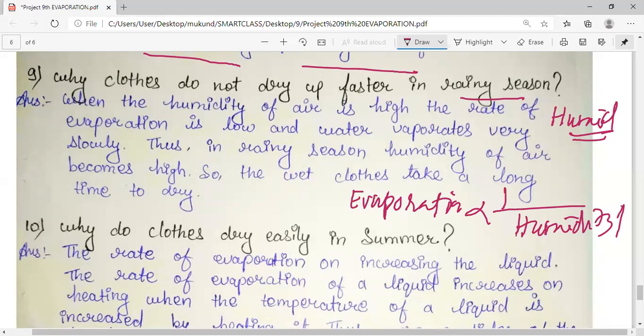So as humidity increases, evaporation decreases. In the rainy season the humidity is higher, so evaporation becomes slower, and the clothes do not dry up faster. When the humidity of air is high, the rate of evaporation is low, so the wet clothes take a long time to dry.